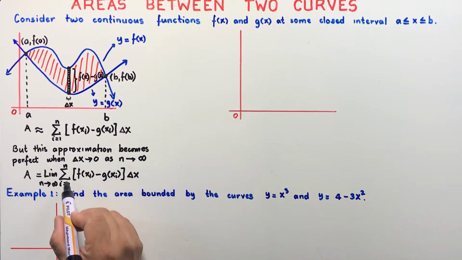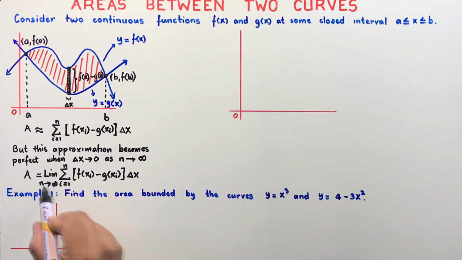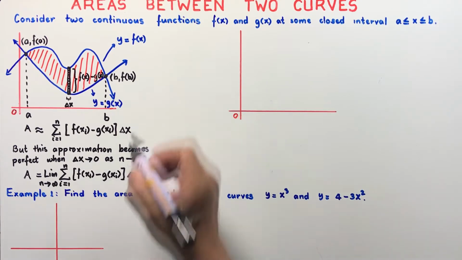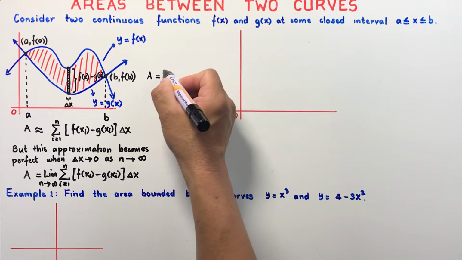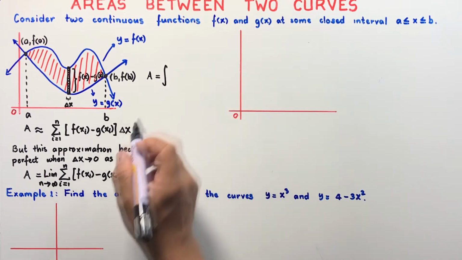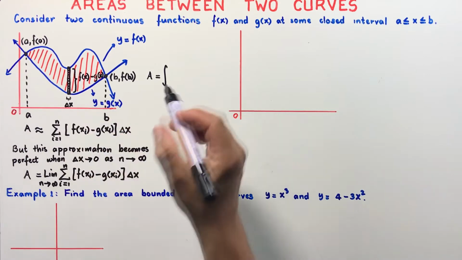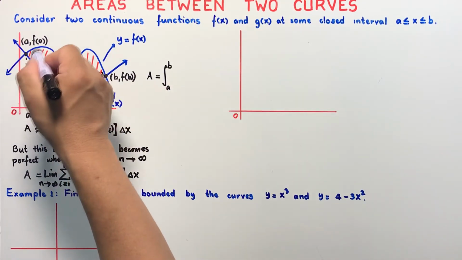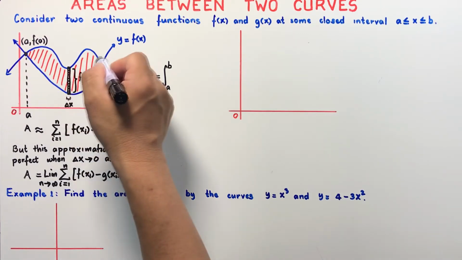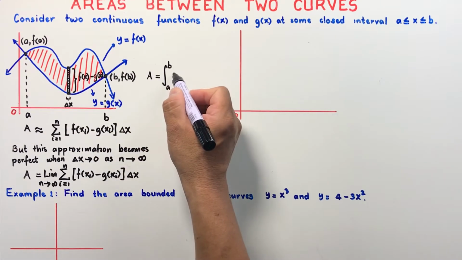Also, we notice that this is the limit of a Riemann sum. And then we recognize that this is the same as the integral. So it's the integration of all the slices from a to b, because you are slicing it infinitely many times from a to b vertically.